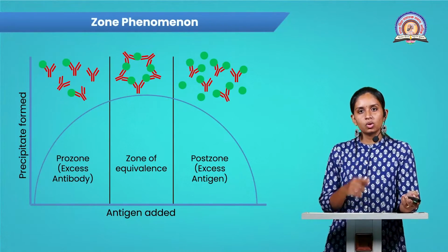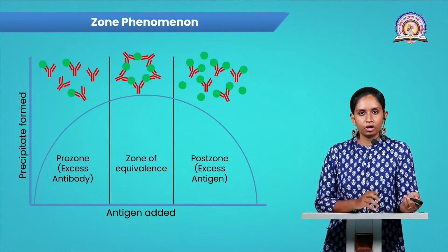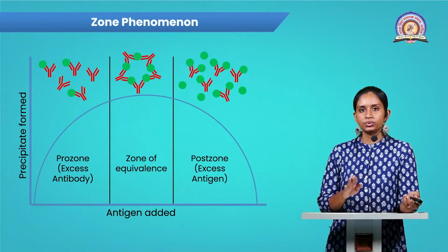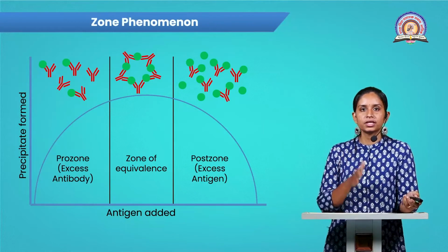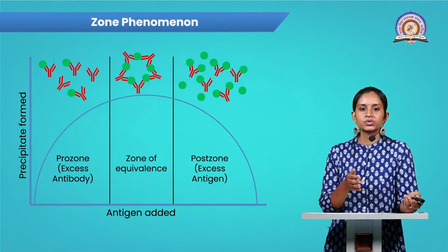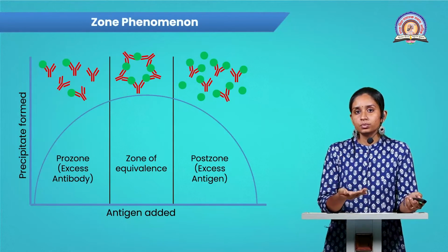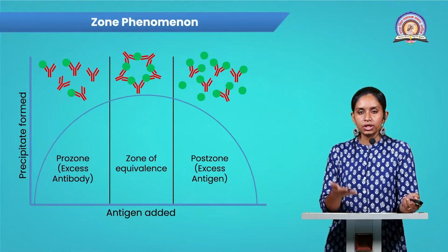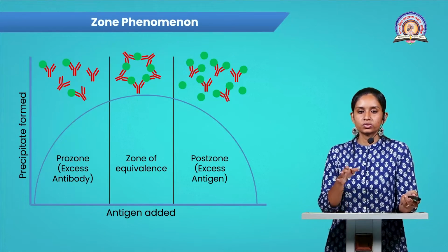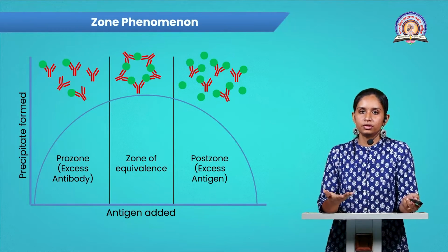And again, no cross linking means no precipitate, no lattice formation, so here also precipitation is inhibited, but here it is due to the excess of antigen molecules. This region is called the post zone, and this inhibition effect is called the post zone phenomenon.